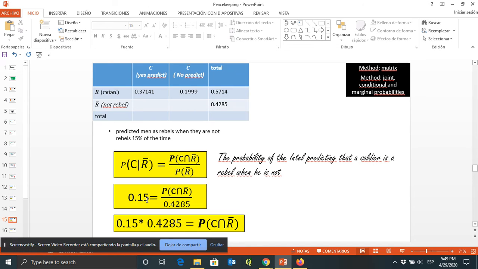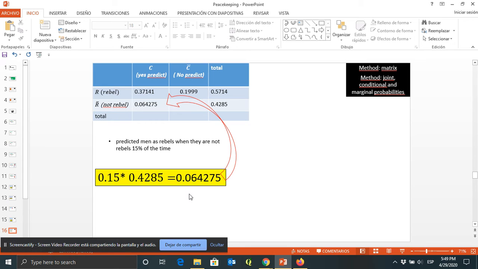Well, this is 15%, and the denominator is also familiar to us. This is 0.4285. To get the joint probability, we just need to multiply 0.15 times 0.4285, which is 0.064275, and we plug the number in our matrix.